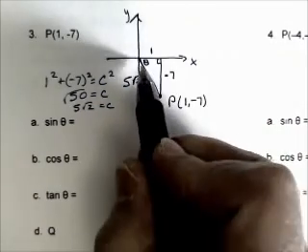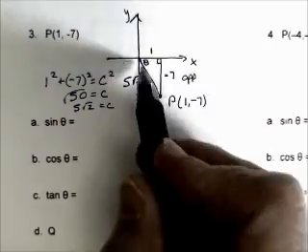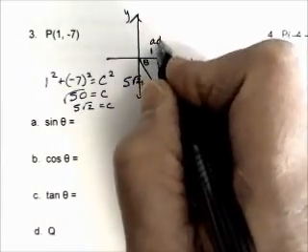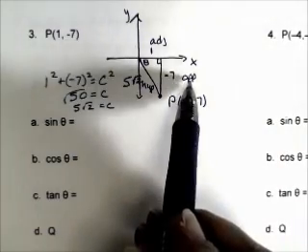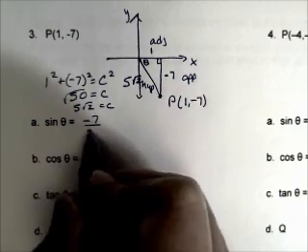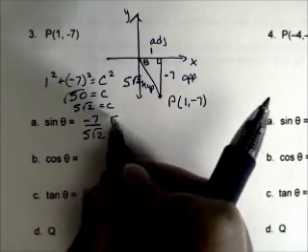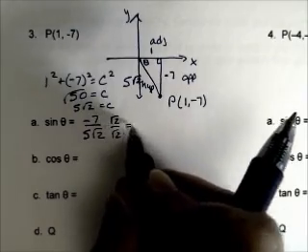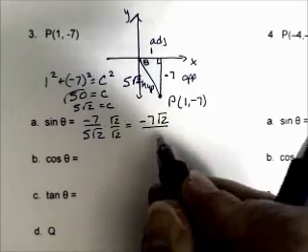Okay. In relation to theta, the negative 7 is opposite, and 1 is the adjacent leg. So the sine of theta is going to be opposite over hypotenuse. So negative 7 over 5 square root of 2. And rationalize the denominator. We get negative 7 square root of 2 over 5 times 2 is 10.